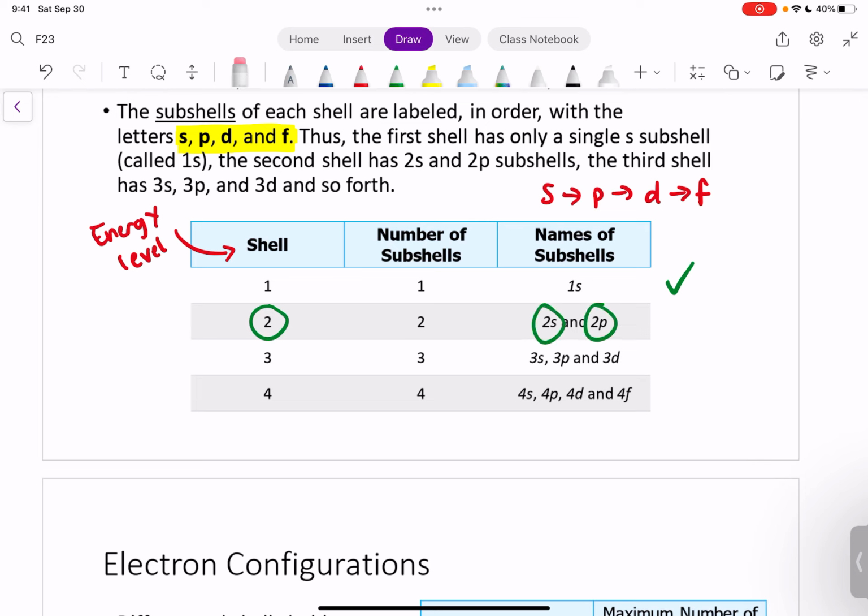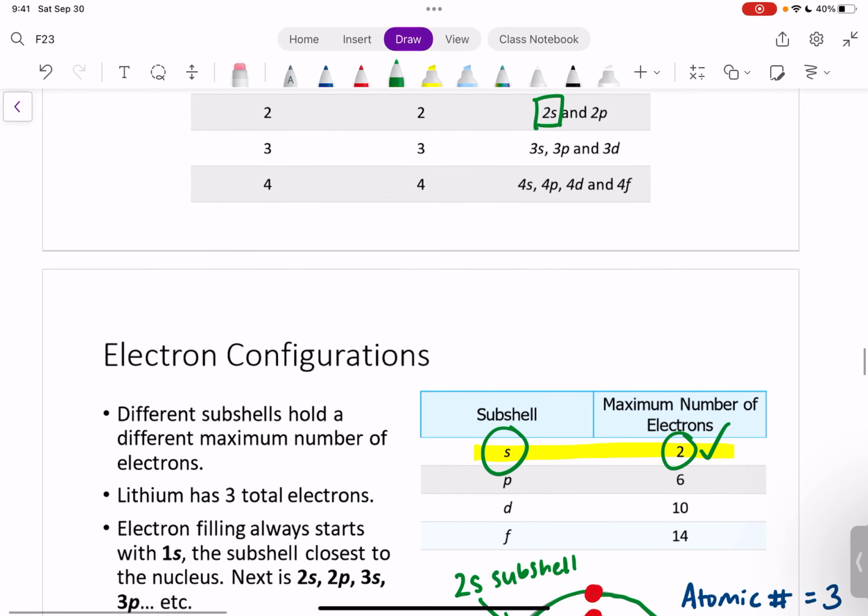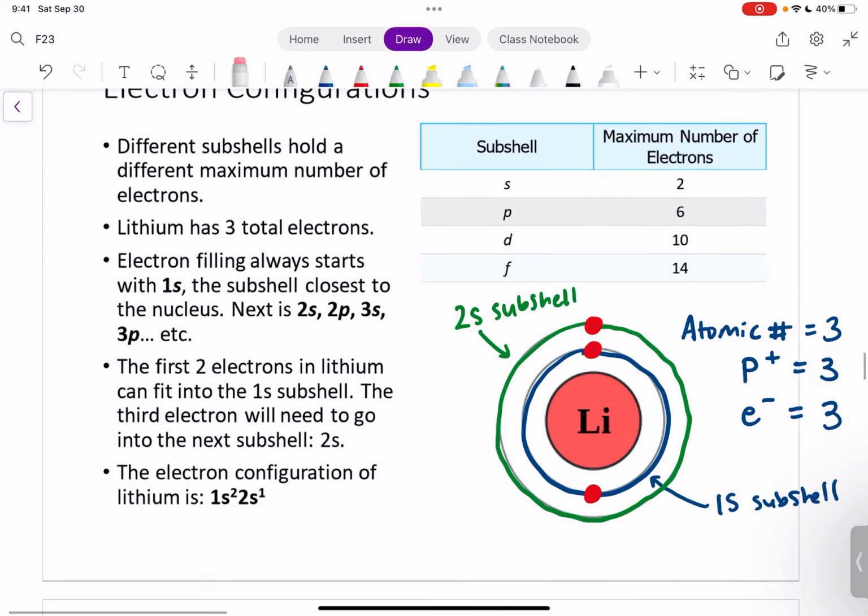Now, we didn't make it to 2p. Why didn't we make it to 2p? Yeah, we ran out of electrons. In fact, we didn't even fill our 2s, because s subshells can hold a max number of 2 electrons, and we only have one electron in our 2s subshell right now.